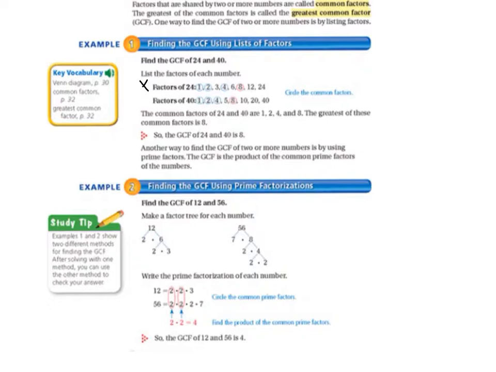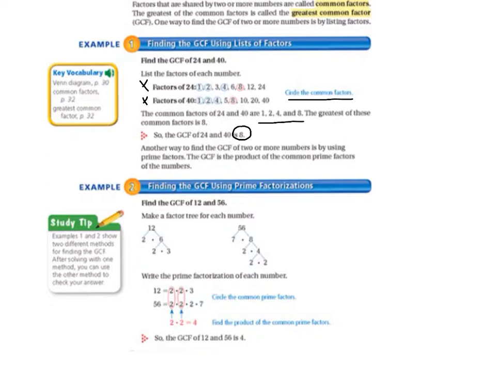And the factors of 40 are 1, 2, 4, 5, 8, 10, 20, and 40. The book has us circling the common factors. The common factors of 24 and 40 are 1, 2, 4, and 8. Those are the ones that are circled. And the greatest of these common factors is 8, and that's the one that's circled in red. So the GCF of 24 and 40 is 8.